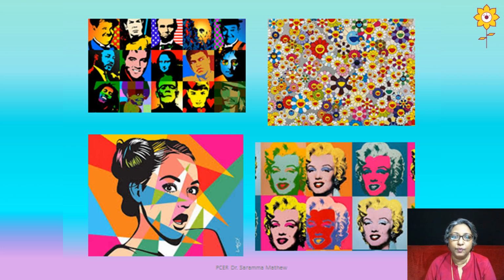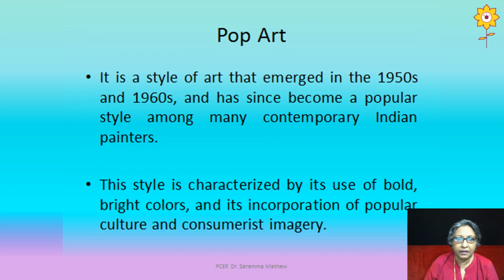It brought humor into the art form. It was also satirical in nature, and a kind of freedom in expressing the art and their feelings in a particular way. So, this is the style that emerged, as I said, in the 1960s.